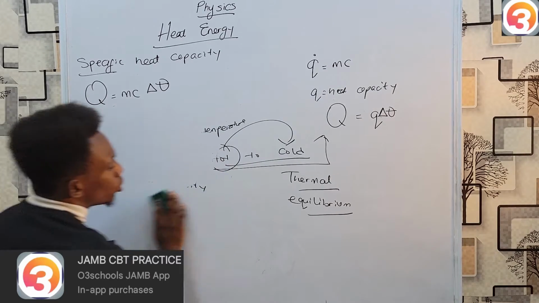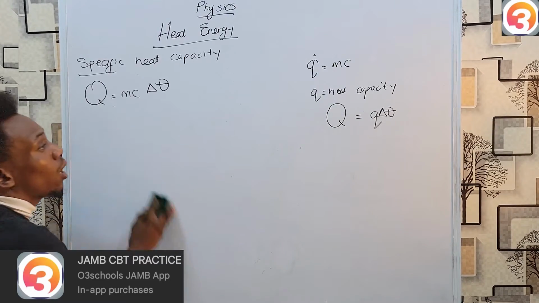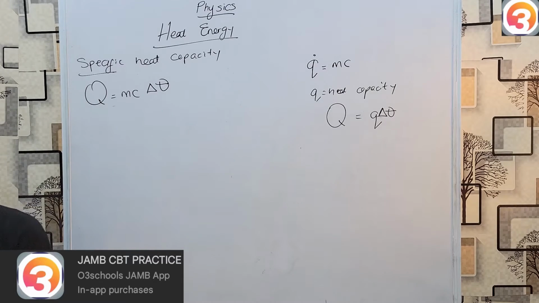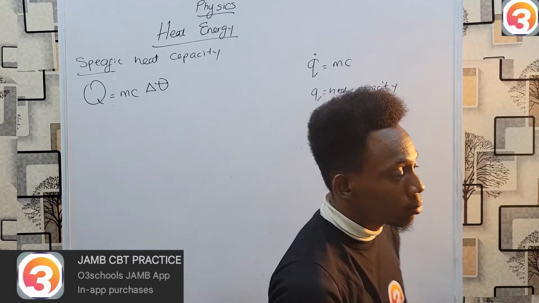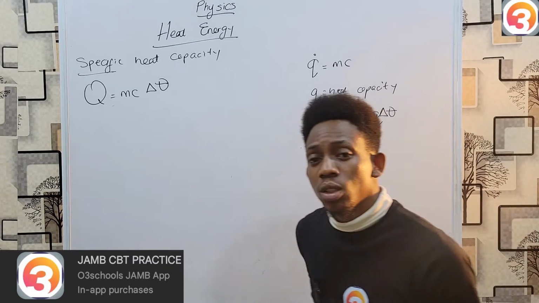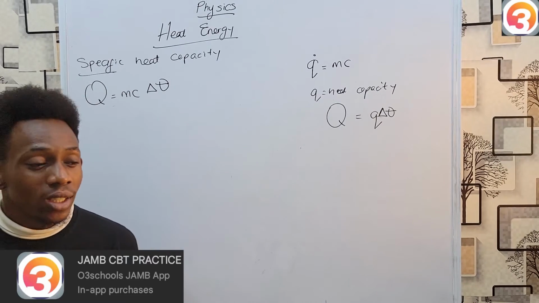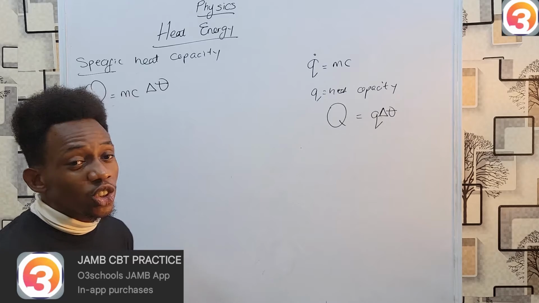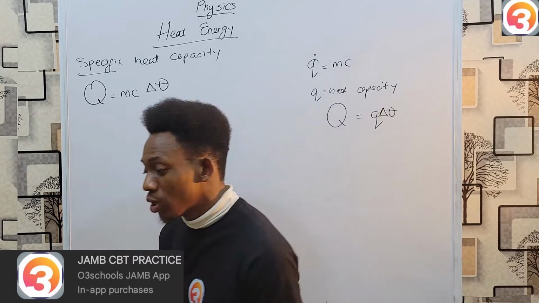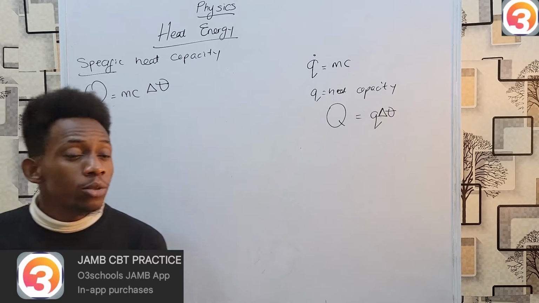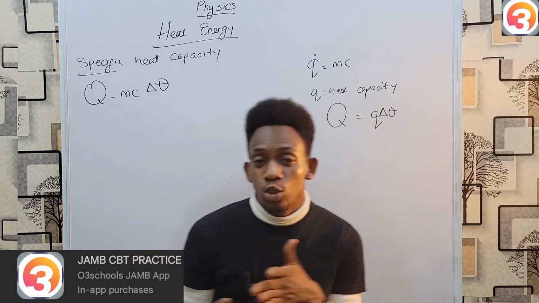What then is next? What else do we need to know? One of the most important things you must know is that from the law of conservation of energy, energy is neither created nor destroyed, but transformed from one form to another. Therefore, if there's going to be heat energy, where is the heat coming from? This heat can come from a myriad of sources. An electric cooker, in which case the heat is coming from I squared R t, like you know if you've done your electric circuits, or this heat comes from yet another body, a hot body attached to a cold body.